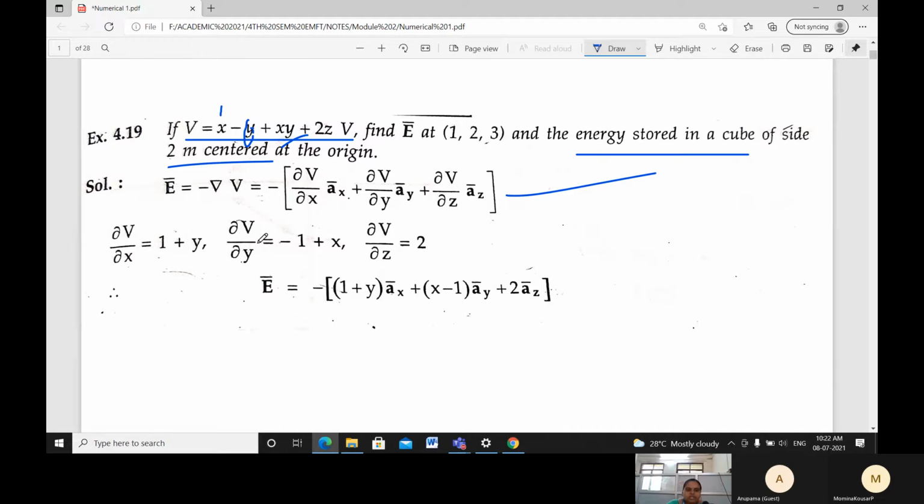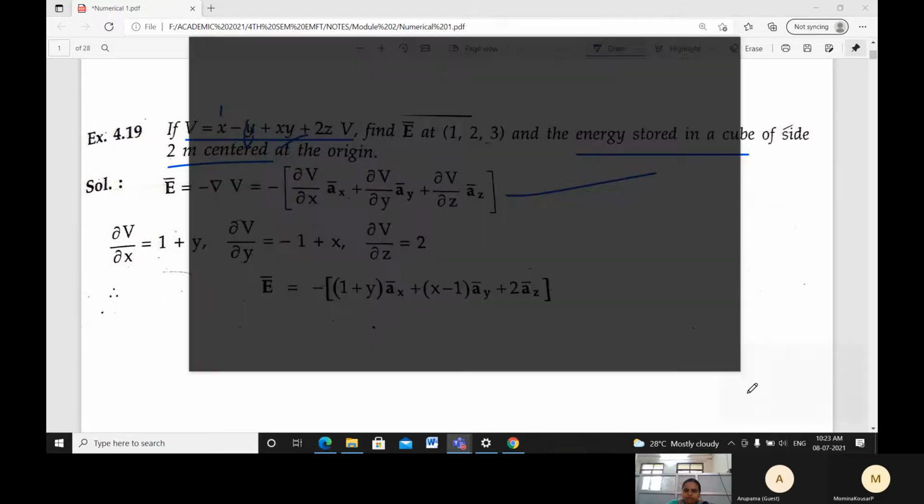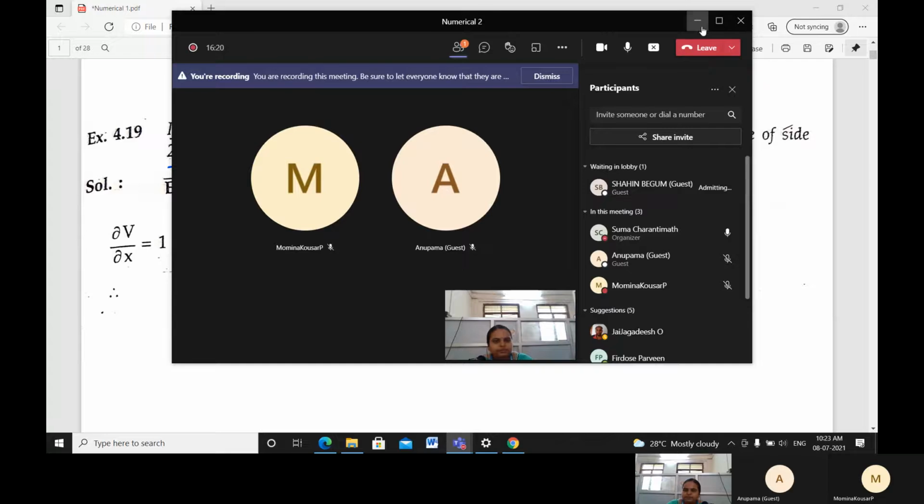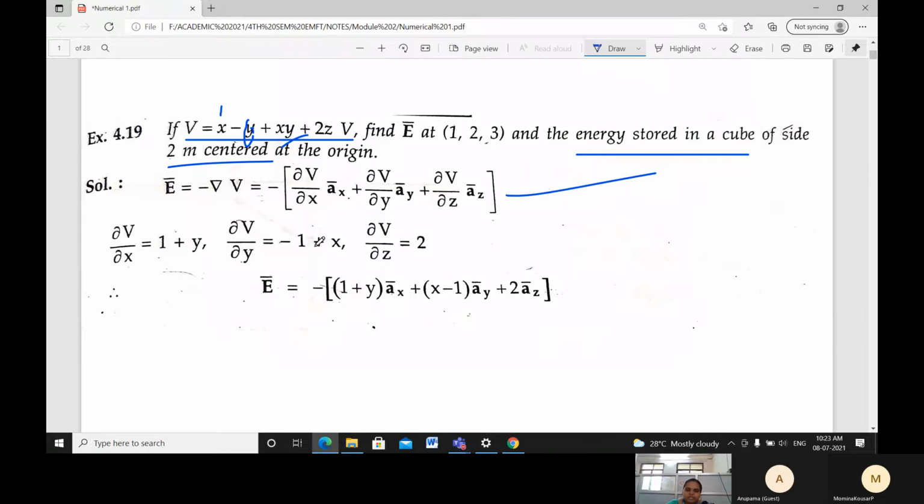Therefore 1 plus y. For dou V by dou y, here minus 1, here plus x, and the z term gives 0. Therefore minus 1 plus x. Then dou V by dou z: the z term is only in the last one, so we get 2.